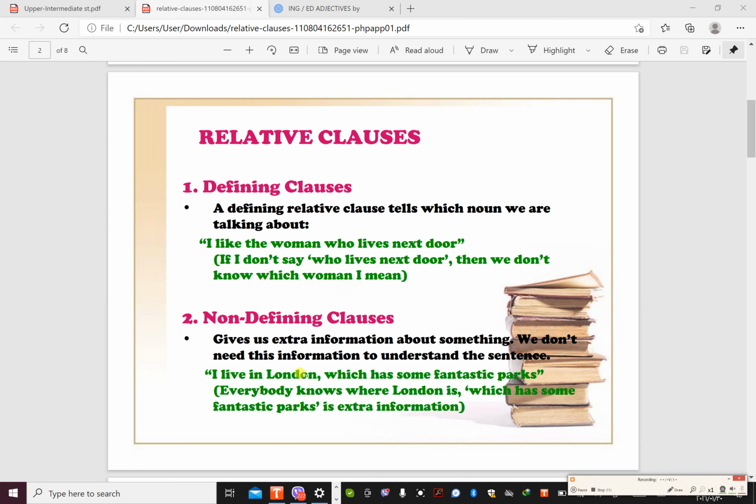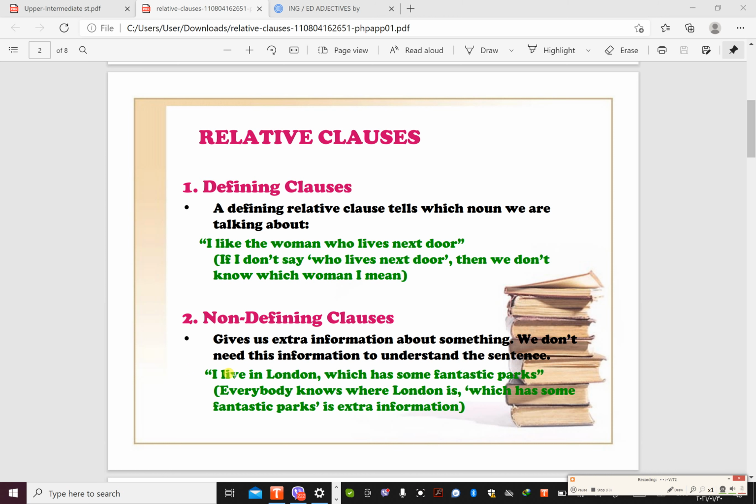So I live in London. I give extra information, just extra information, but the meaning is already understood. So here what I say: I live in London, which has some fantastic parks. If I delete this clause, the meaning is right and it's correct.